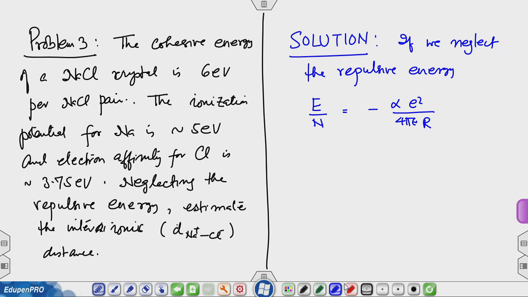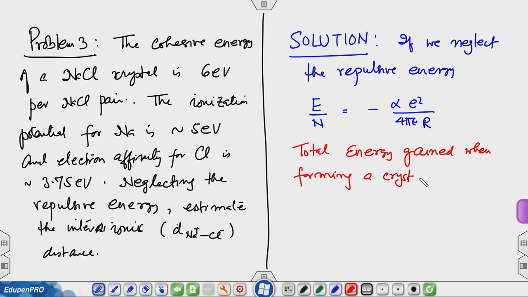So, the total energy gained when forming a crystal from sodium and chlorine atoms is, so let us see, all negative is going to be gain.